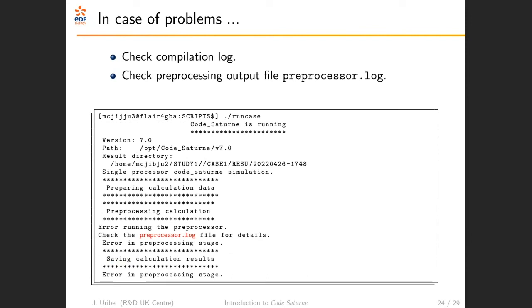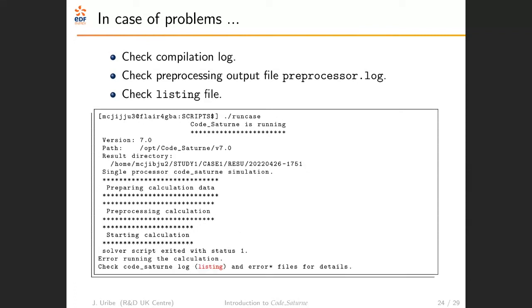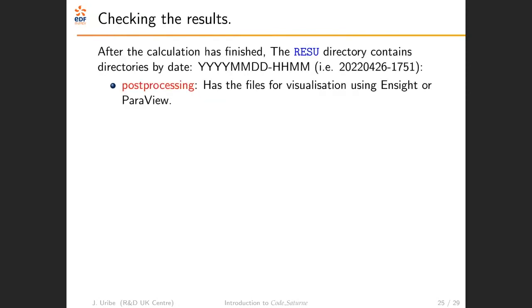If it fails in the pre-processing stage, then the preprocessor log file is the one to look at. Similarly, if the calculation doesn't go according to plan, it will tell you to check the listing or run solver.log file. And then you will have some information about what's happening.